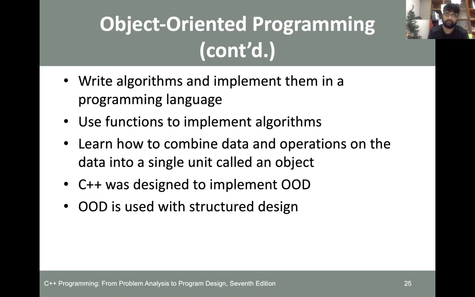It's a pure structured language. While C++ was actually designed specifically to implement the object-oriented design approach. And in the case of C++, the object-oriented design is used with the structured design as well. So C++ contains both object-oriented design and the structured design, while C only contains the structured design. So that's the difference between C++ and C.